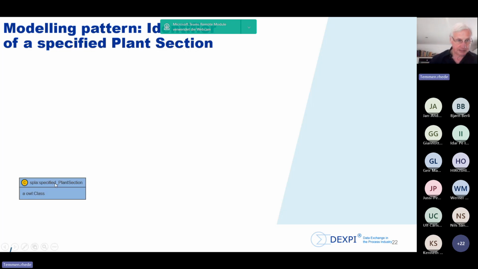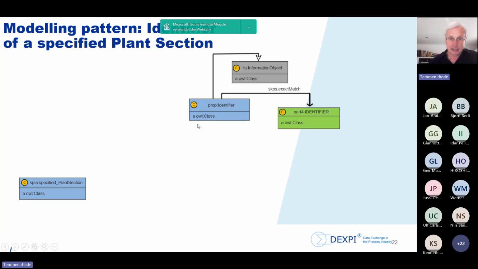Here we have in our example a specified plant section as class definition, and then we have a property defined, the identifier, and it is in the branch of object, sub-branch information object, classified that, and a relation to part 4 for the identifier.